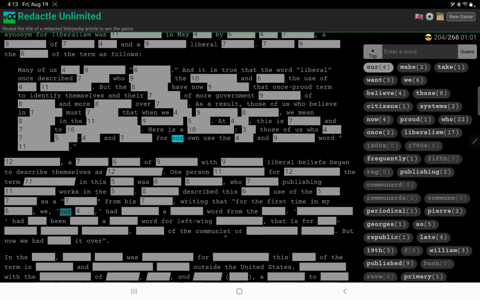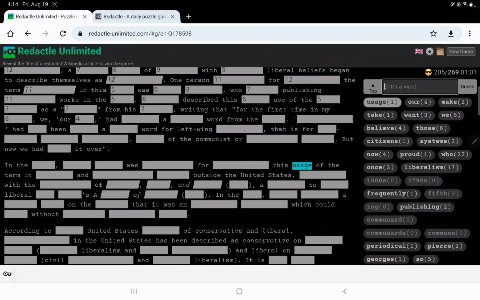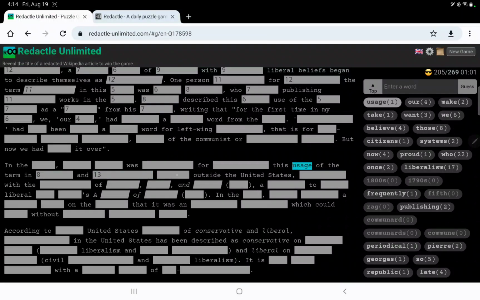Oh my goodness. So it's a form of liberalism, this usage of the term in 8 and 13.7 outside the United States.